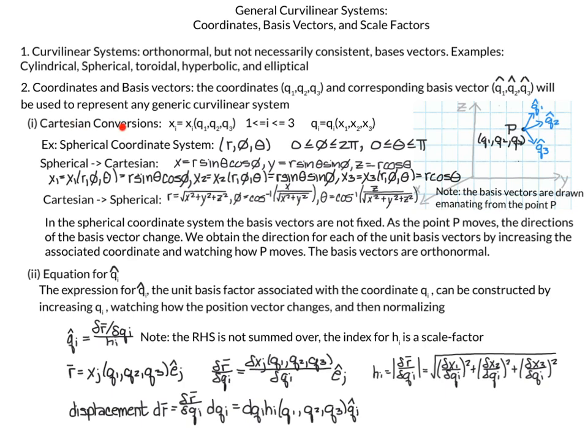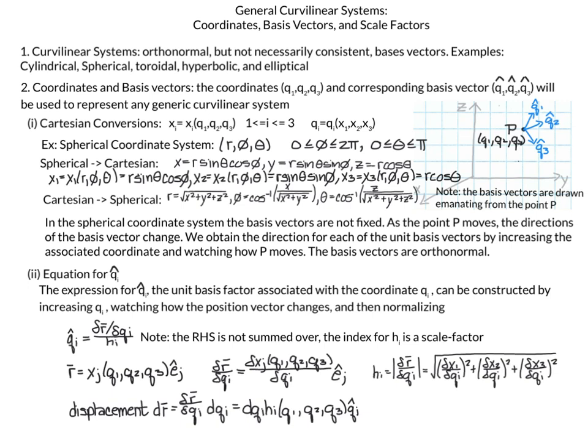Then we said we could find different functions to move us back and forth between Cartesian and our curvilinear system. Going to Cartesian coordinates, x sub i is a function of q1, q2, q3. And going from Cartesian to our curvilinear system, q sub i is a function of x1, x2, x3. Then we used spherical coordinates as an example.